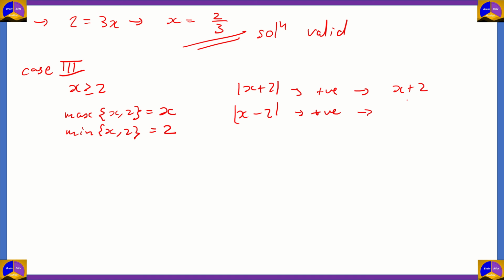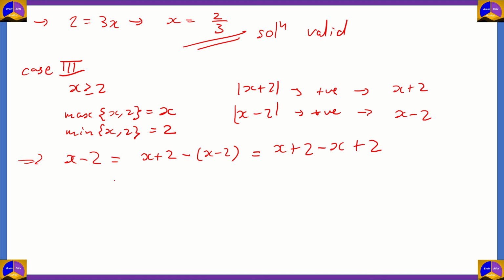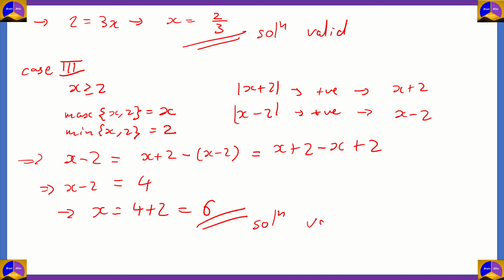So they'll be expressed as x plus 2 and x minus 2 respectively. So the equation will be x minus 2 equals x plus 2 minus of x minus 2, which is equal to x plus 2 minus x plus 2. So x minus 2 equals 4, which means x equals 4 plus 2, that is equal to 6. So again, 6 is greater than 2, so therefore this solution is valid.